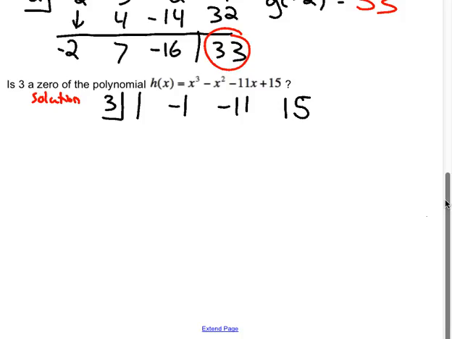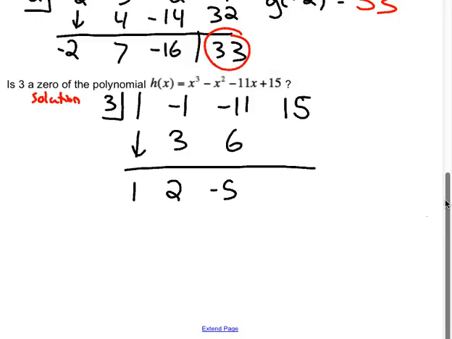All right, so let's see what we get. Pull down the first number, then multiply. Add, then multiply. Add, then multiply, add. So my remainder is 0. So what that's telling me is yes.